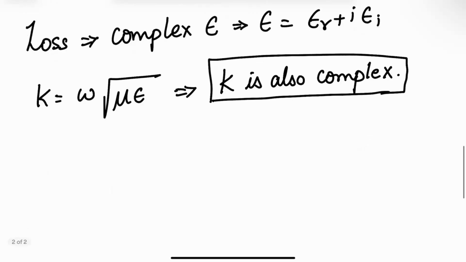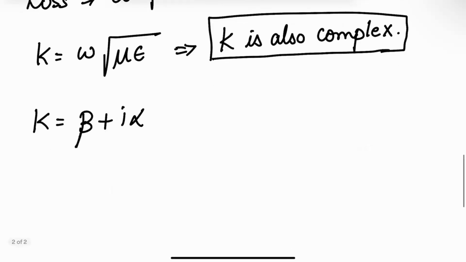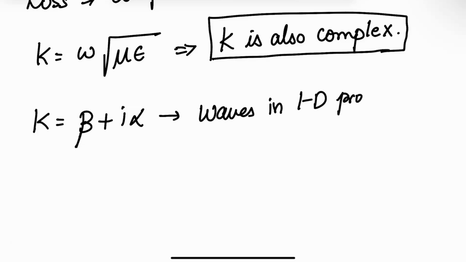When k is complex, I can write it as two parts: beta plus i alpha, a real part and an imaginary part. This is usually done for waves in 1D problems, waves that are propagating, let's say, in a transmission line.